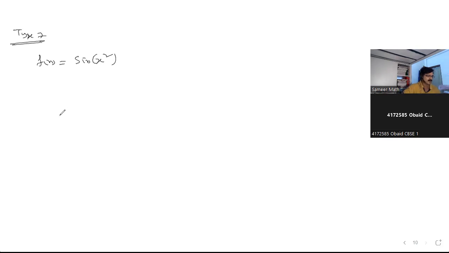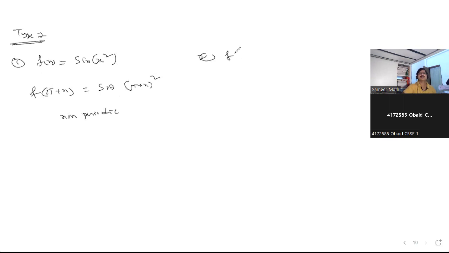Here, whether the period is possible or not: wherever x is there, suppose you write pi plus x. Now you see this pi plus x, what is going to happen? Wherever x is there, we have to write pi plus x whole square. Possible? No, not possible. So non-periodic. One example.